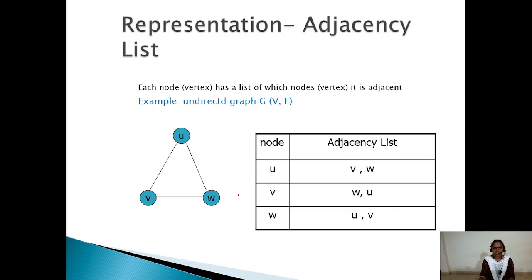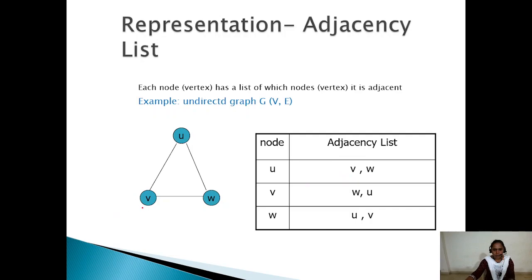Okay. Third type, adjacency list, is only a list of vertices. Each node vertex has a list of which node vertices are adjacent. This is supported for the undirected graph. See, for U, how many adjacent vertices will be passed? U: V comma W. So this is one list.